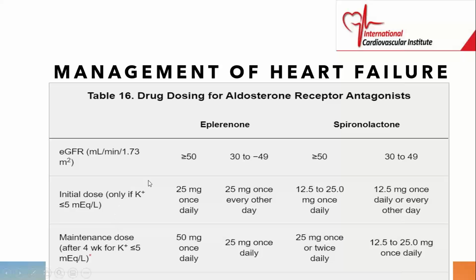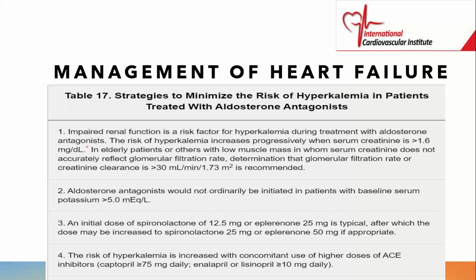So we already went over start low, go slow, know about the medicine. Renal impairment is a big thing, so you have to check the renal function frequently. You have to check potassium.